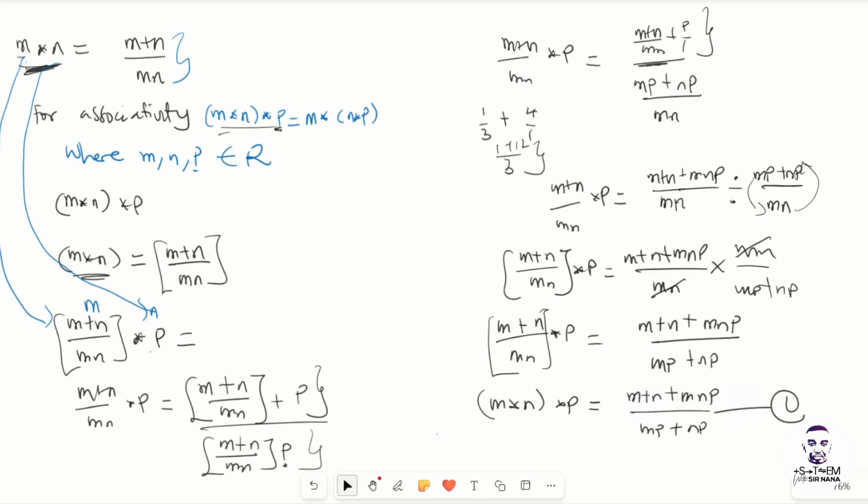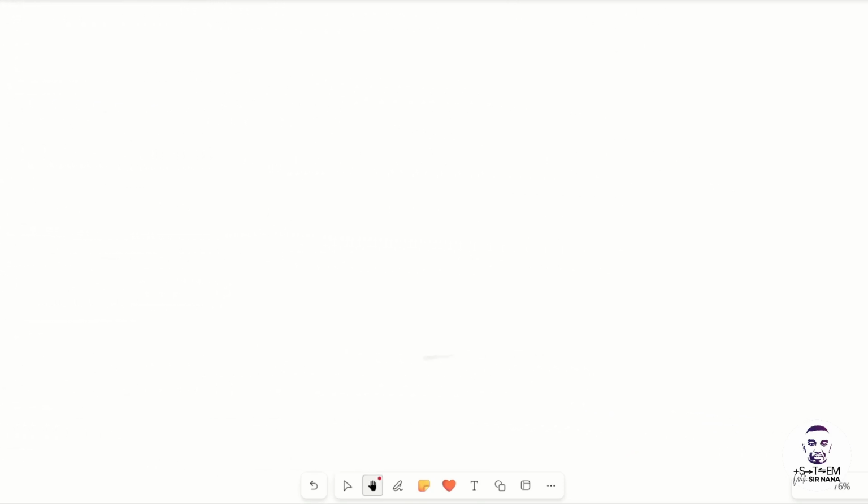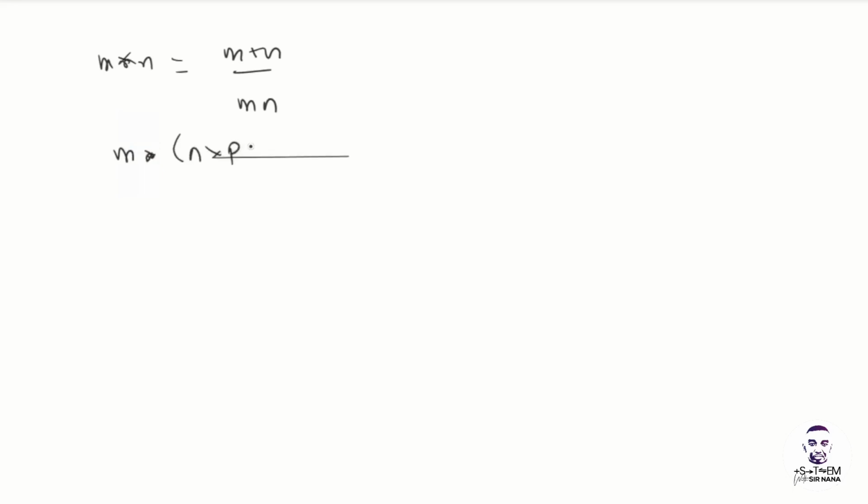So now we are going to consider the right-hand side. On the right-hand side, we have our m operation n, remember, to be m plus n all over mn. And our right-hand side is m operation (n operation p) into bracket, right?